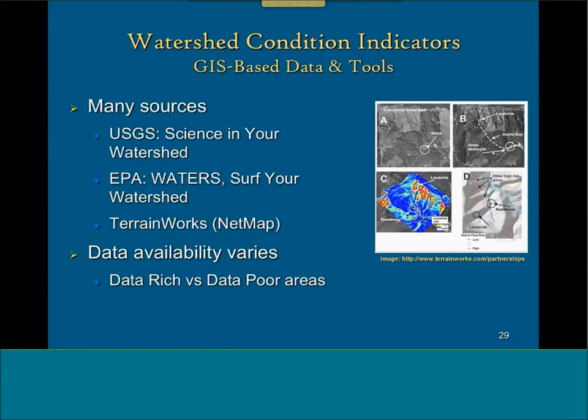The last one I have here is TerrainWorks, or NetMaps, I guess it's also referred to. It contains a lot of really important tools as far as fish habitat mapping and road analysis. It contains links to GRAIP, the Geomorphic Road Analysis and Inventory Package.